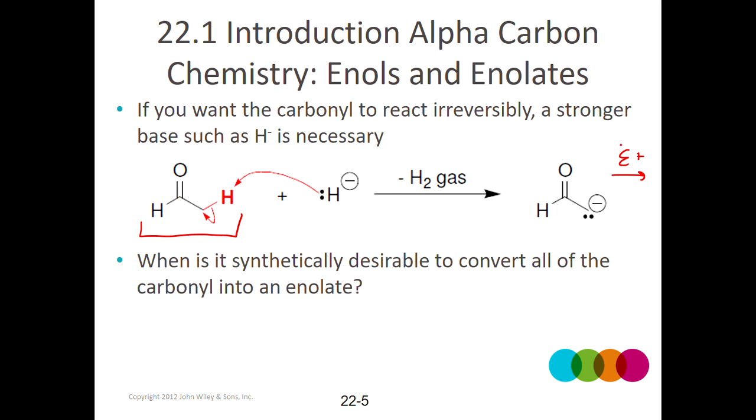But if we wanted to attack some other carbonyl or some other electrophile, we might want to convert all the molecules into an enolate in one step, where we add a stronger base, and then in a second step, add an electrophile that can attack. So that's when that is synthetically desirable. If we want all of that to convert to an enolate because we're going to add a totally different electrophile that we want that to attack.